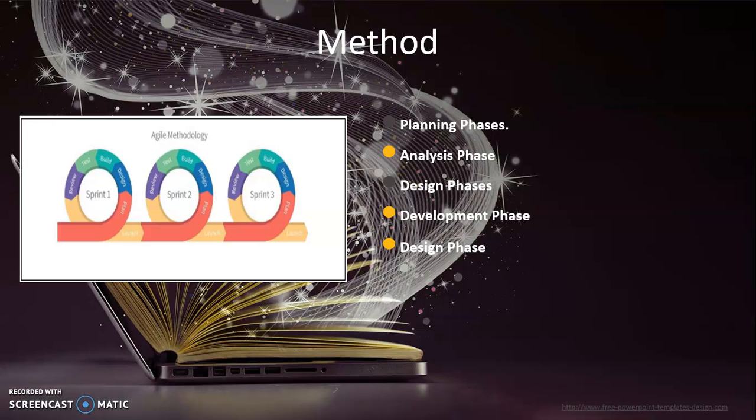For the method part, I use the agile methodology, which has five phases: planning, analysis, design, development, and test phase. The planning phase is an important phase in the development of the tuition receipt management system.